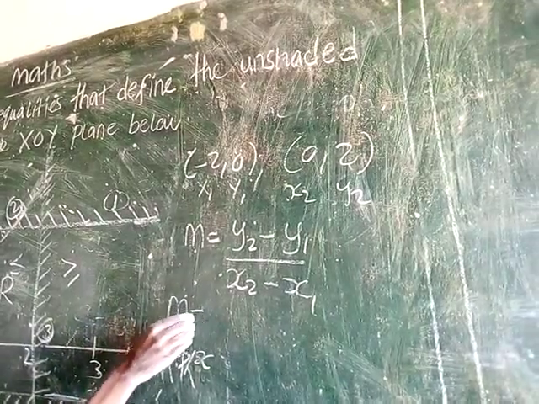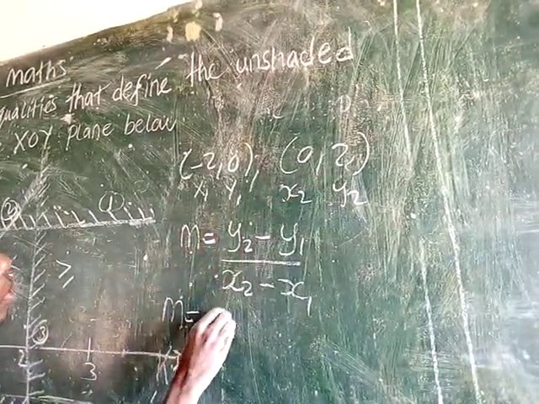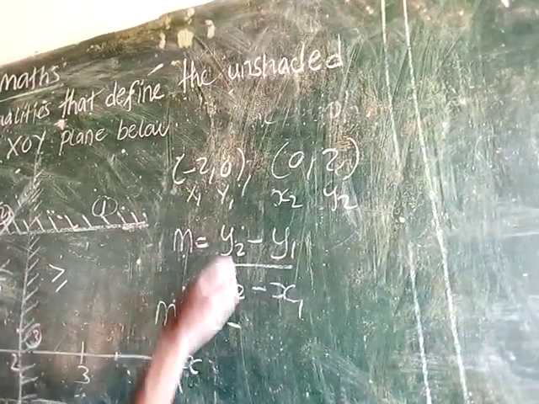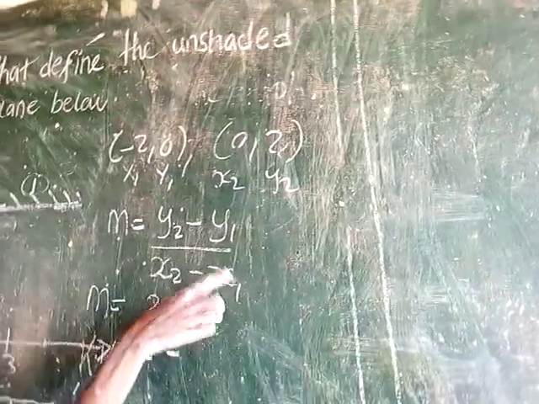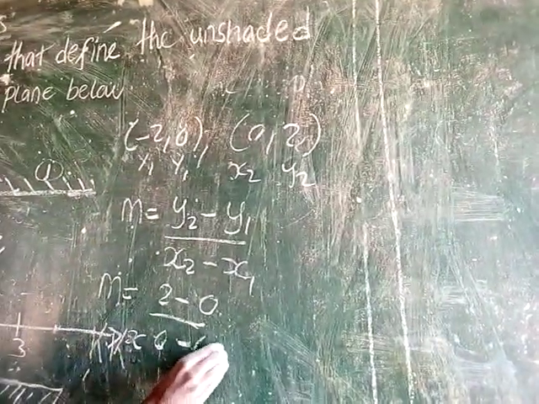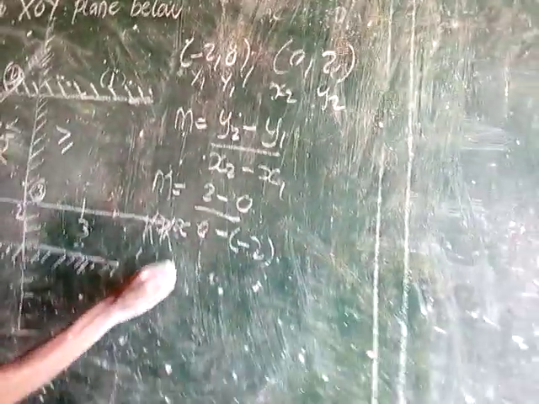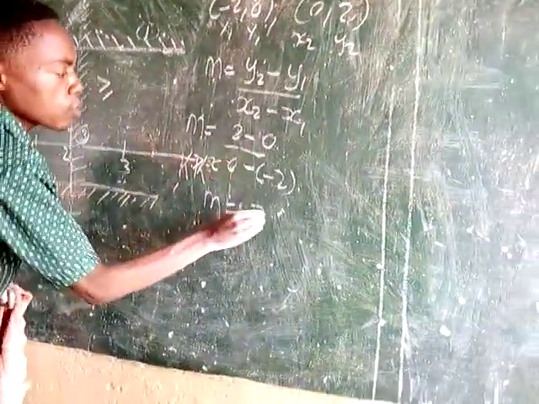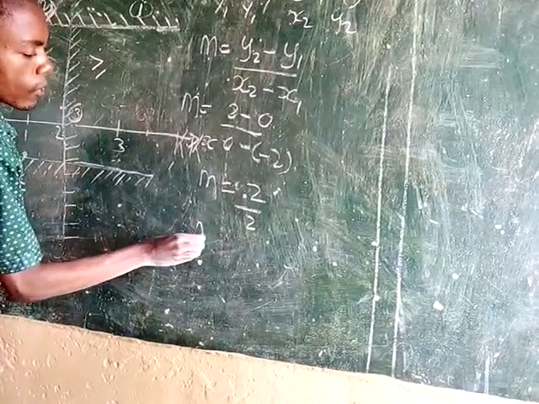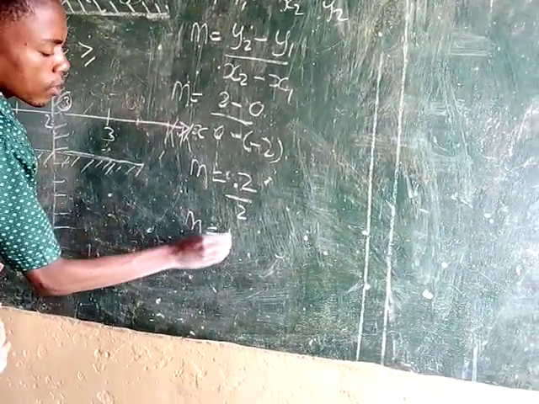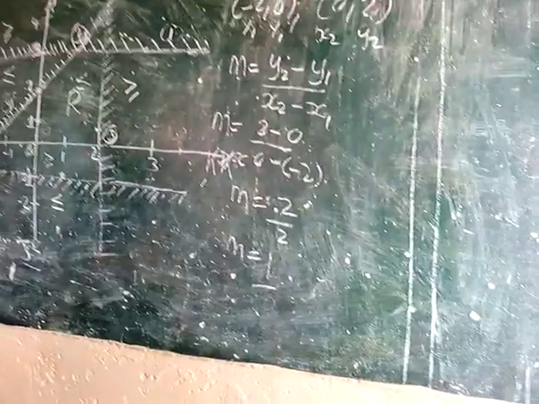So m is equal to 2 minus 0 over 0 minus -2. That is 2 over 2, since negative times negative is positive. So the gradient of this line is 1.